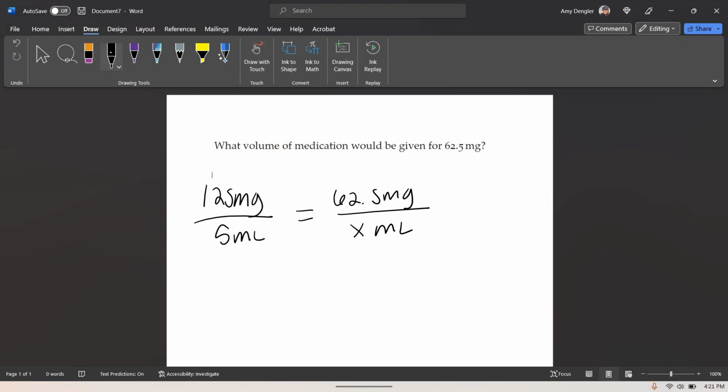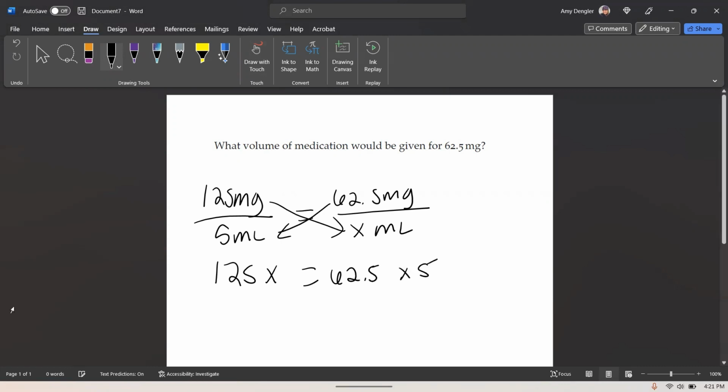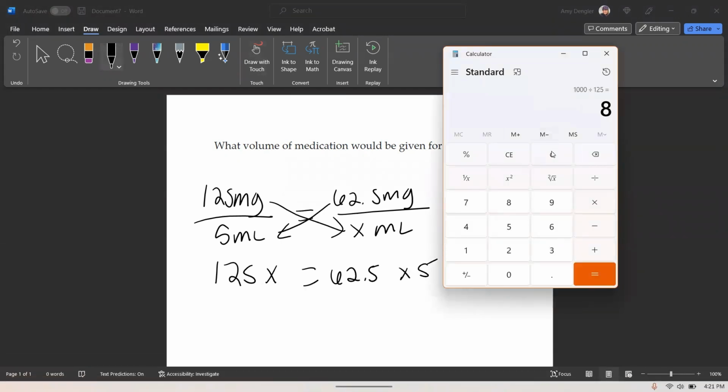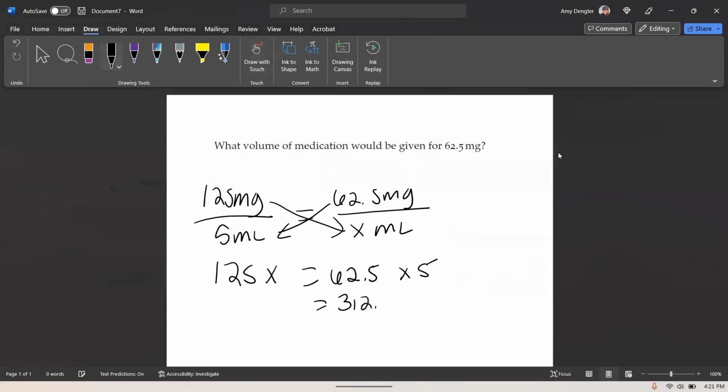We want to match up our units directly across. So 125x is equal to 62.5 times 5. Of course, we want to take care of that multiplication first. 62.5 times 5 is 312.5.